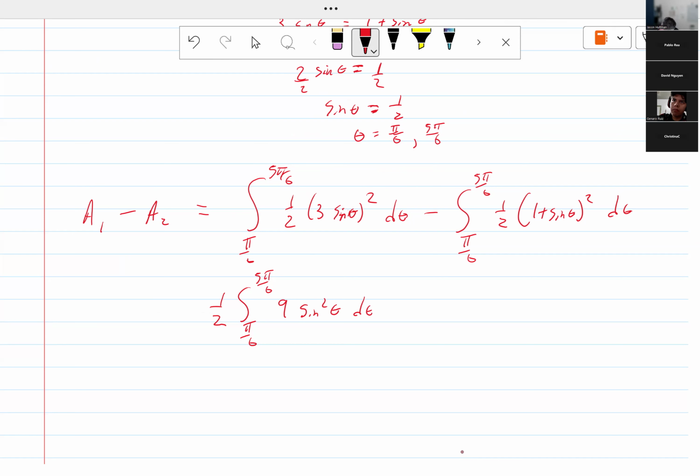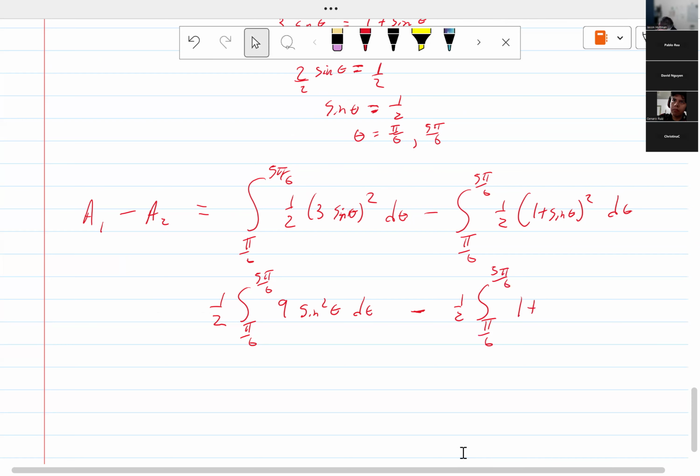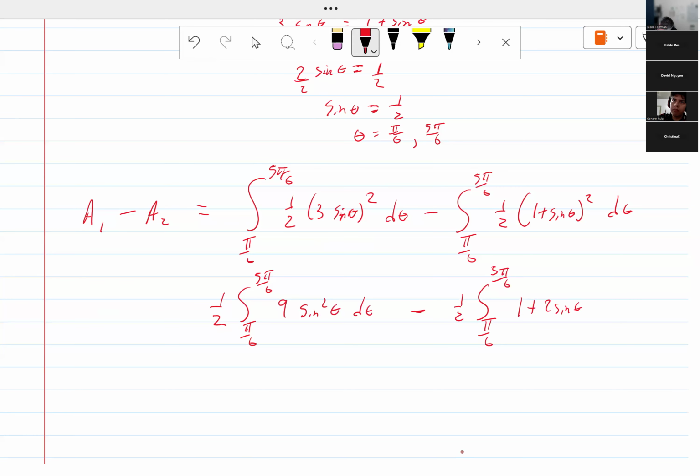Minus this guy here, I can multiply this out. This is 1/2 from pi over 6 to 5 pi over 6, and then this is going to be 1 plus 2 sine theta plus sine squared theta, d theta.